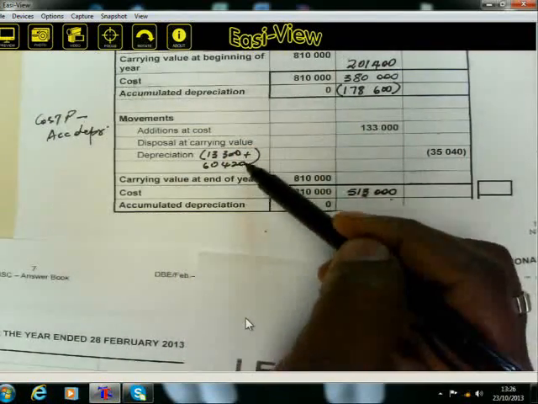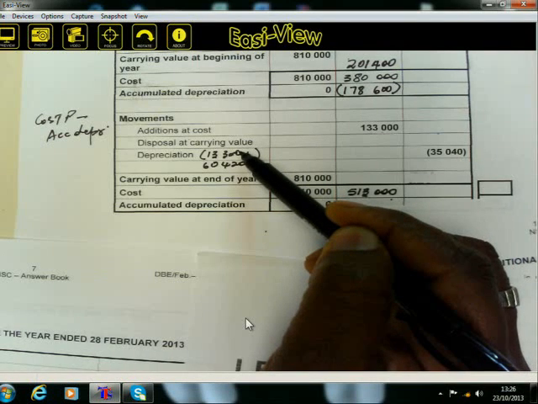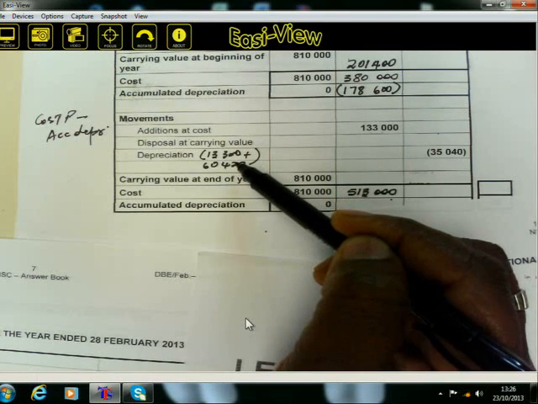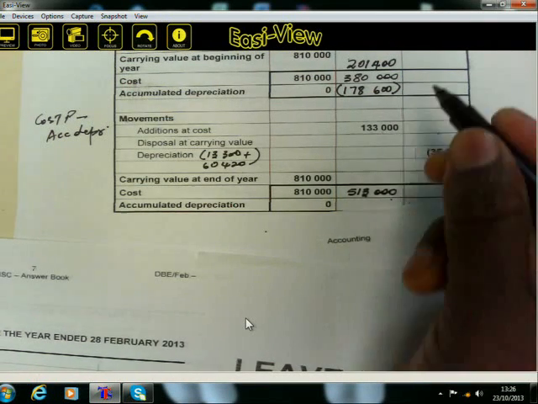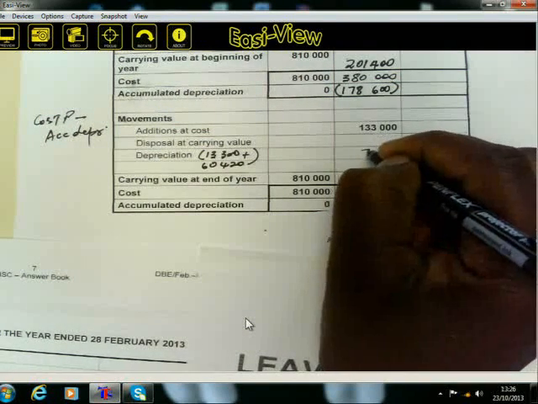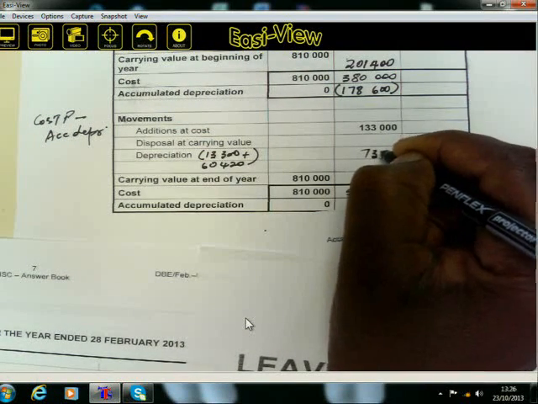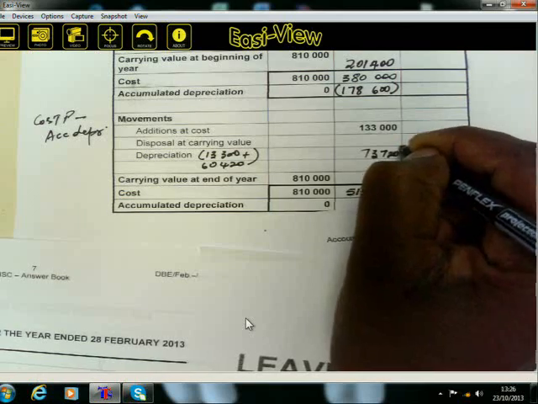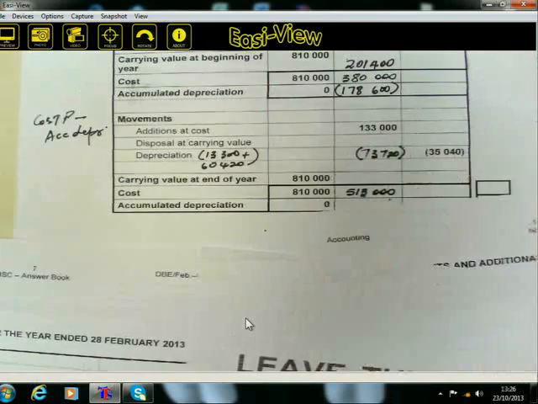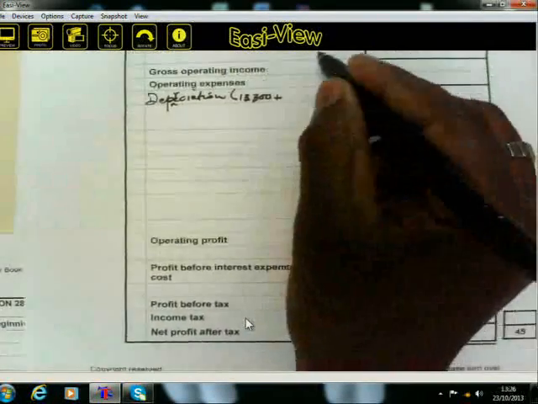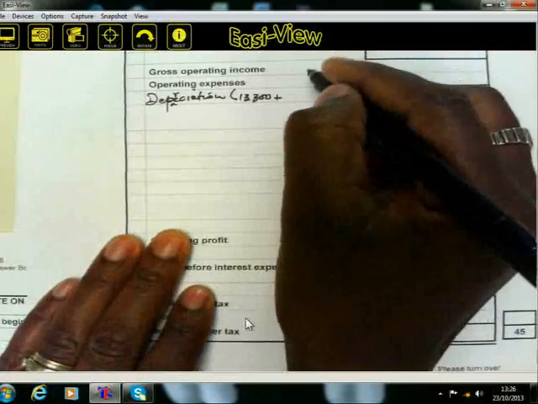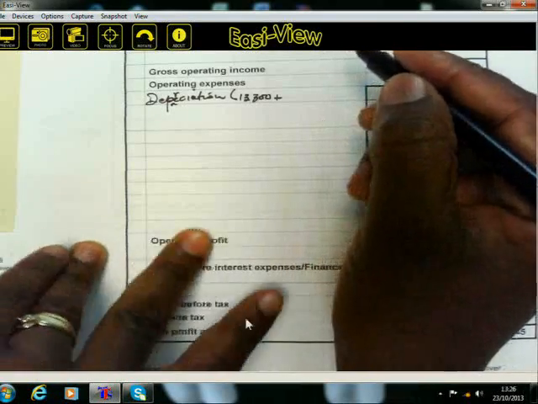That will be the depreciation for the old vehicles that we have. So we add the two amounts, 13,300 and 60,420. The total depreciation on vehicles will be 73,720. Then we also have to show the depreciation in the income statement.